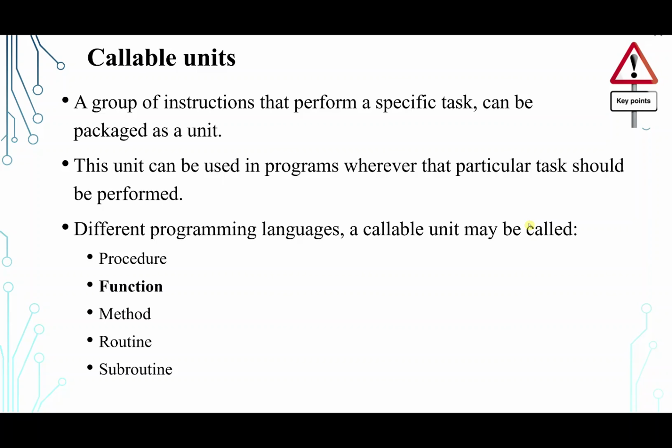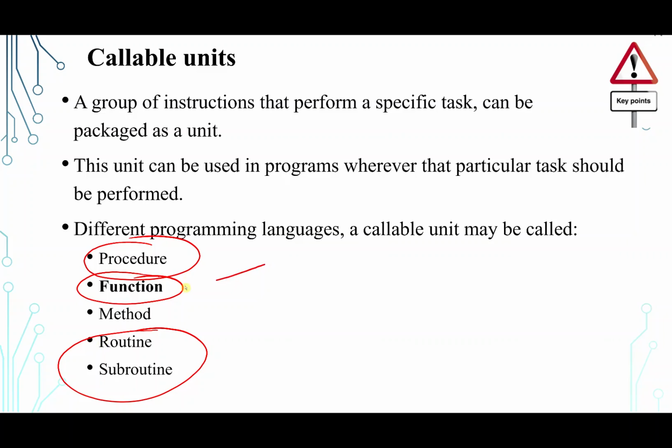Different programming languages call them differently. In some programming languages, they are called procedures. In the C++ we are learning, we call them functions. In languages like Java, they call them methods. In languages like assembly languages, for example, or pseudocode, usually they call them routines, subroutines, or procedures.